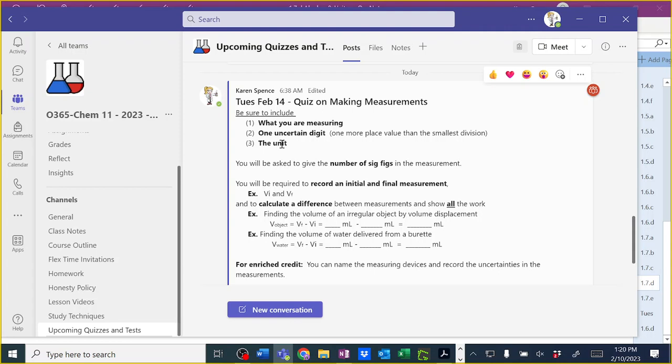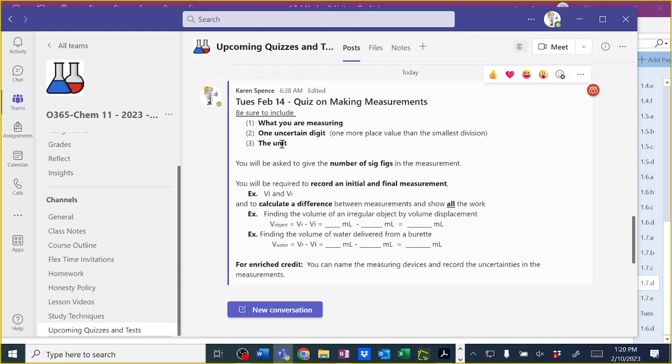When block 2 was working on this, I noticed a lot of people were not writing down what they were measuring. Be sure to get in the habit of that, because remember, there's 3 marks, one for what you're measuring, one for the number, and one for the unit. And if you forget this one, now you're getting 2 out of 3, and that's only 67%, and that's not such a happy percentage, right? Okay.